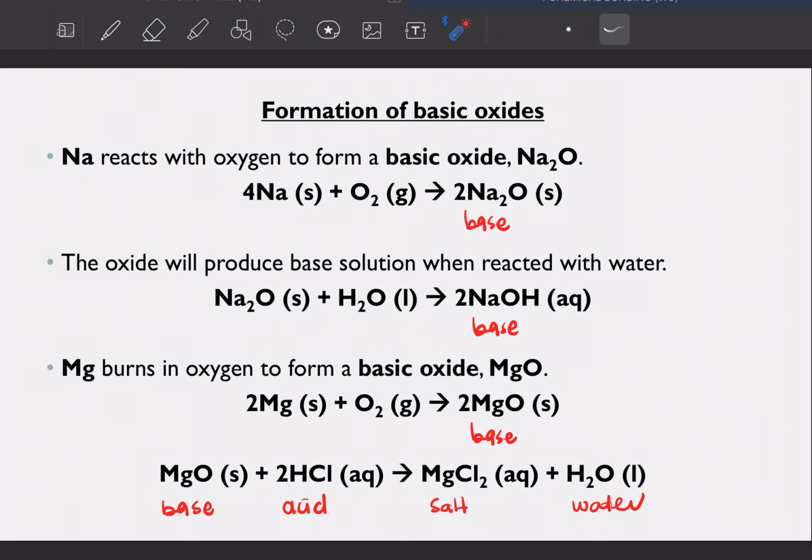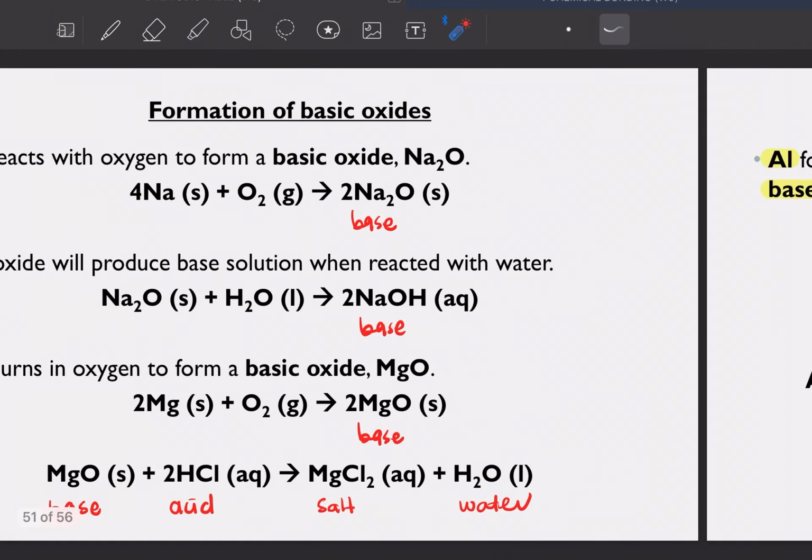Basically, you need to know that a metal reacting with oxygen will give a basic oxide, and then reacting with water, you will get your base. Magnesium is the same case: you will form your basic oxide, and when reacting with acid, you will get salt and water. For MgO, it will react with acid.